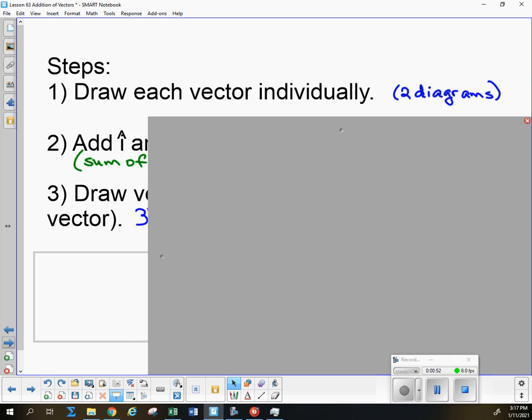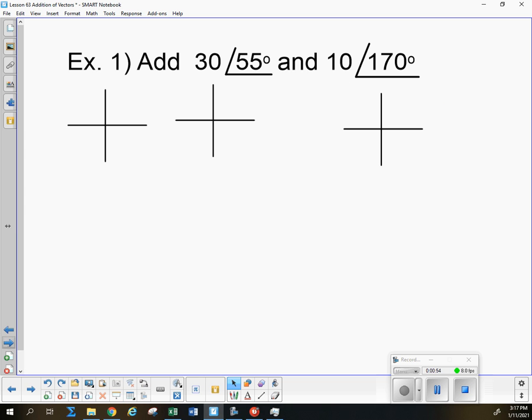So if we have a problem like 30 at 55 degrees plus 10 at 170 degrees, we're just going to start by drawing two diagrams as we have already learned how to do. 55 degrees is first quadrant, a little bit more than 45 degrees, so maybe something about like that. And we're going to label that it is 30 long, and that our angle is 55 degrees.